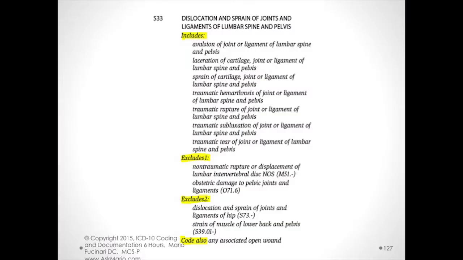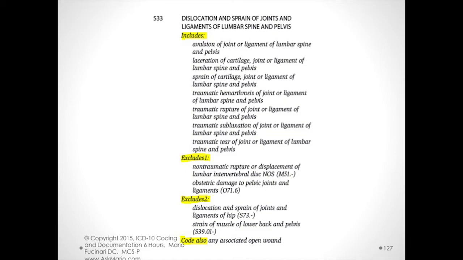All right, here's an example, and I know it's kind of small to see, but nonetheless, we'll do it. The S33, which is dislocation and sprain of joints and ligaments of the lumbar spine. Then you'll see where it includes the avulsion of the joint or ligament of the lumbar spine, laceration of the cartilage, sprain of cartilage, traumatic hemarthrosis of the joint, traumatic rupture of the joint or ligament.